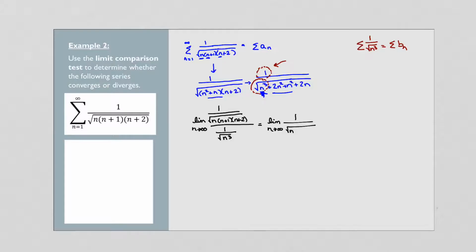Recall, we have a complex fraction that we put into a simpler fraction by multiplying by the reciprocal of the denominator. So I'm looking at the limit as n goes to infinity of the square root of n cubed over the square root of n times n plus 1 times n plus 2.